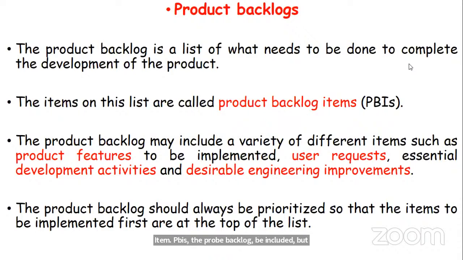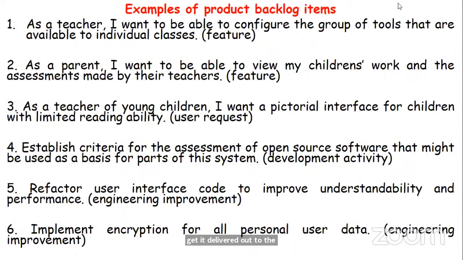So we're going to be looking at what a feature is, what's the scenario, what's a story in subsequent slides, to be implemented, users' requests, essential development activities, and desirable engineering improvements. The product backlog should always be prioritized so that the items to be implemented first are at the top of the list, so that we can get a deliverable out to the customers as quickly as we can.